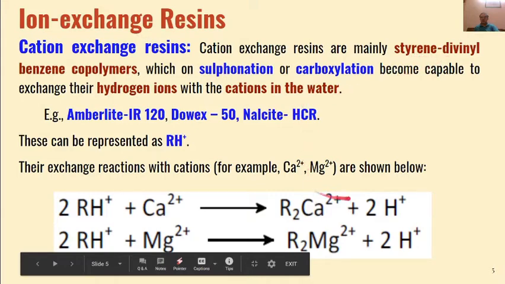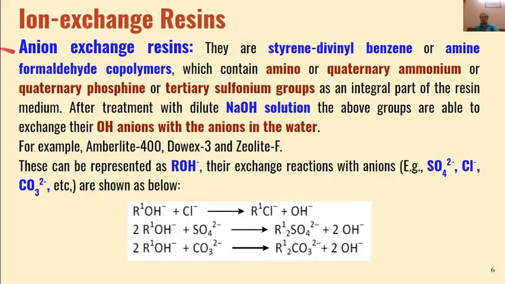The second category of exchange resins is anion exchange resins. They are again styrene-divinyl benzene copolymer or amine formaldehyde copolymer. On both these copolymers, we can introduce those functional groups which are required for our reaction.